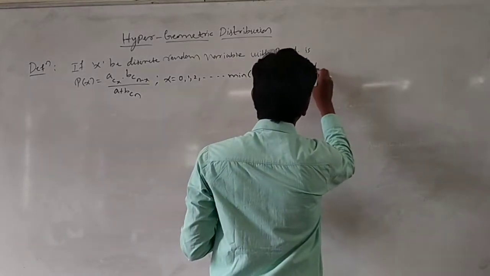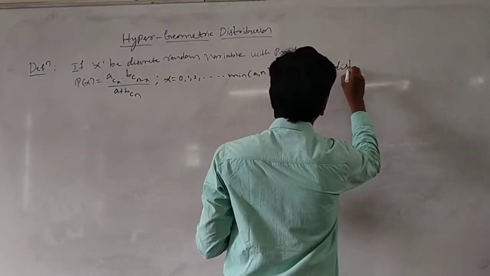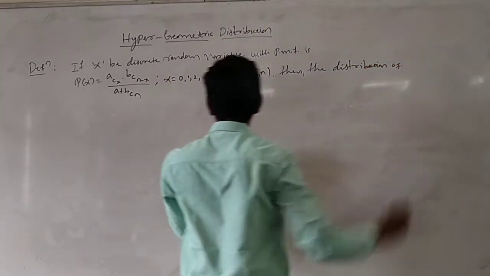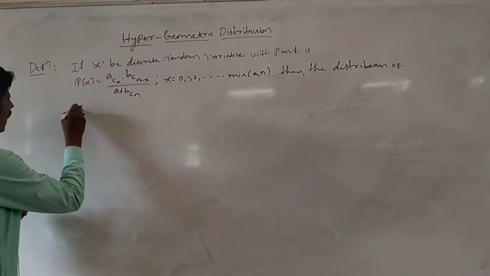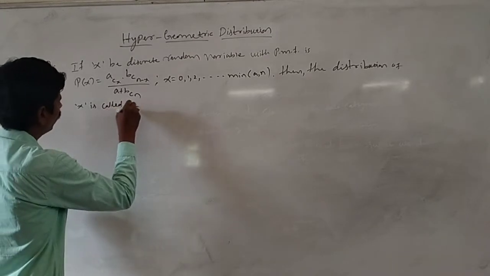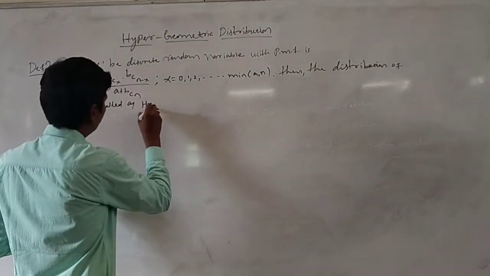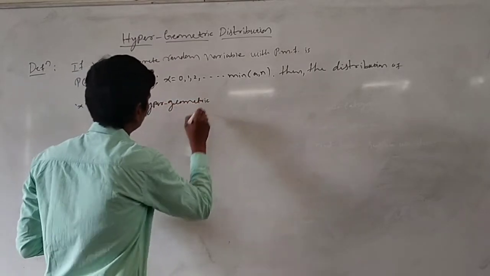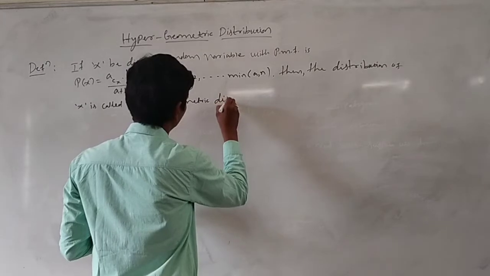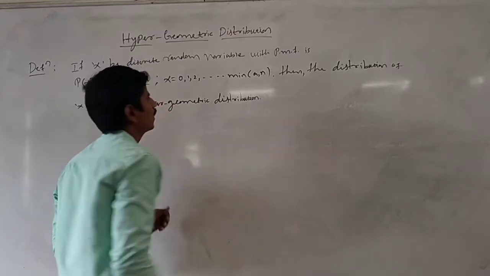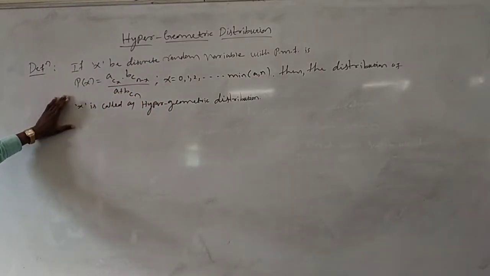Then the distribution of x is called a hypergeometric distribution.